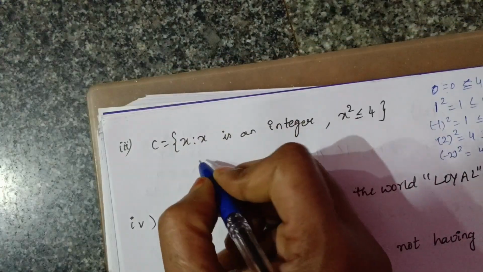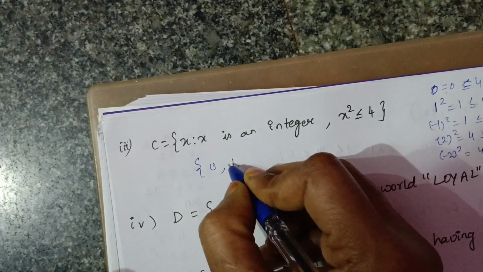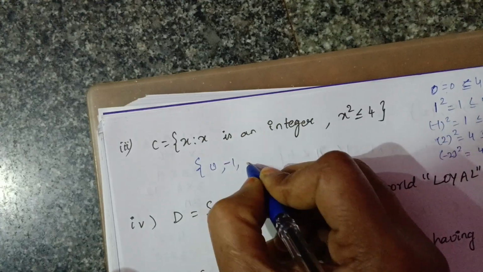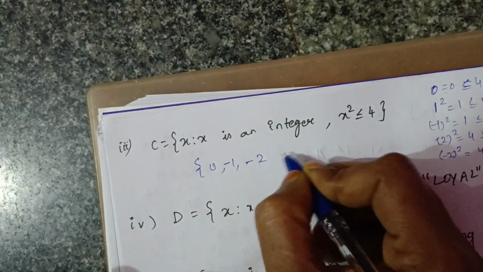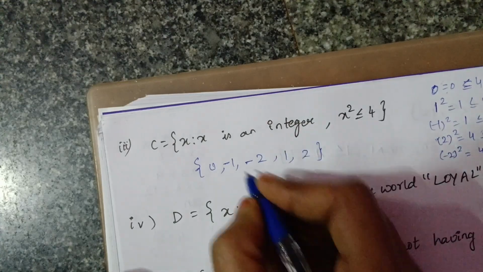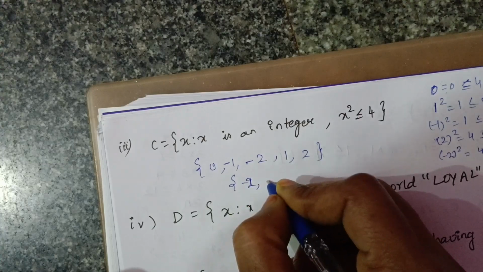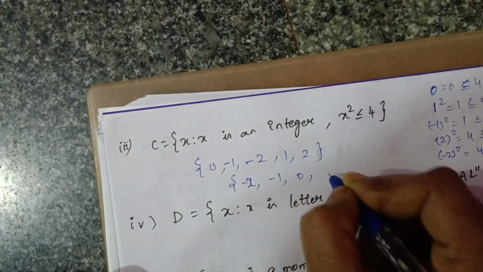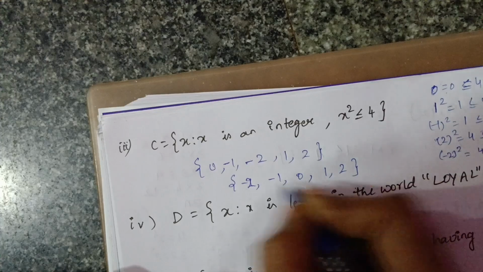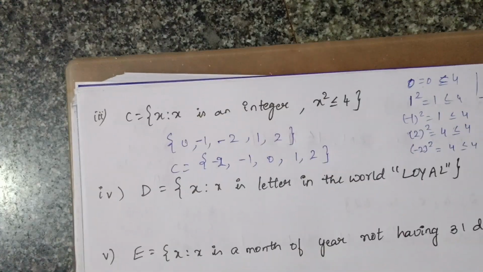So here what can we write? 0, 1, minus 1, minus 2, 2. We can write it as minus 2, minus 1, 0, 1 and 2. These are the elements of the set C. If you didn't understand, once you check, you will get to know.